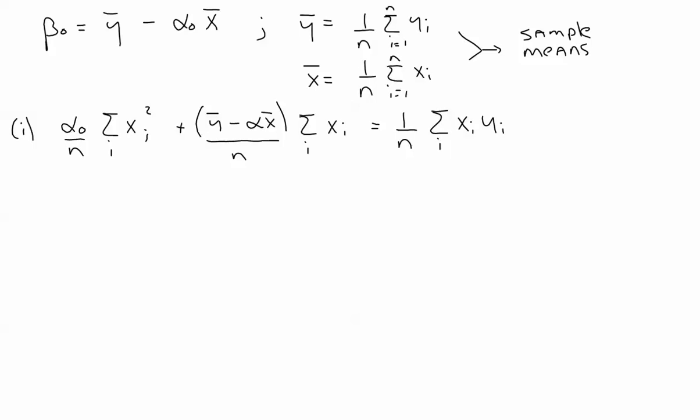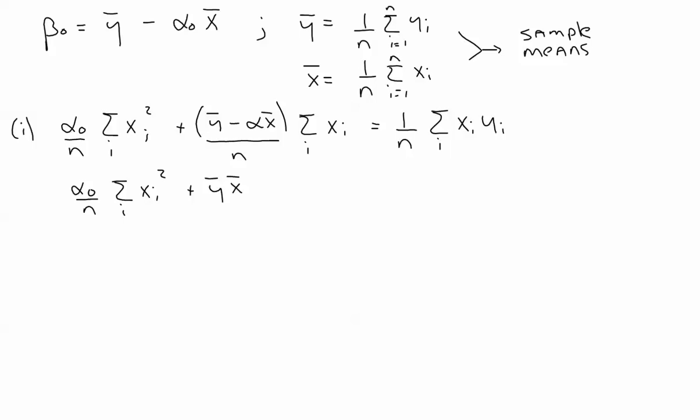All right. Continuing on, we get alpha naught over n summation over i of x_i squared plus y bar x bar.